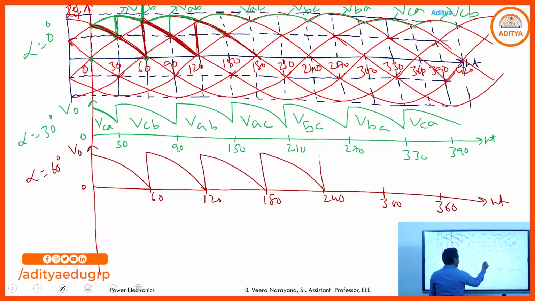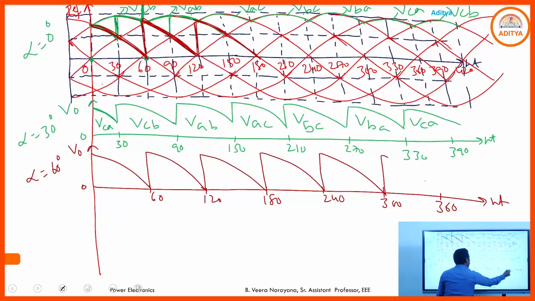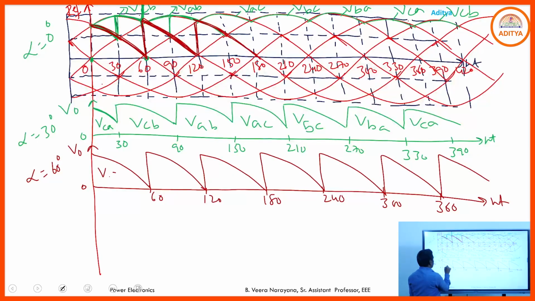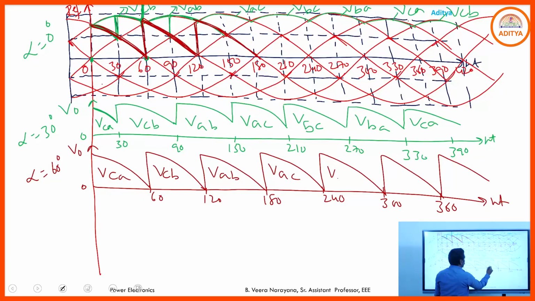Next the VAC curve, VBC curve, VBA curve, like that. So this is VCA, VCB, VAB, VAC, VBC, VBA, and again VCA. So observe here, for alpha equal to 60, this is the output voltage waveform.